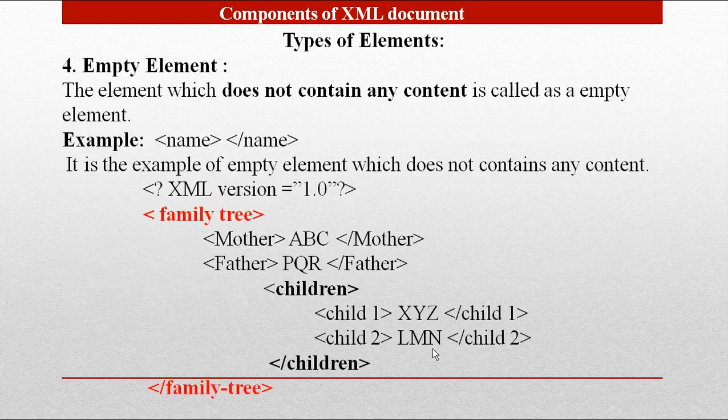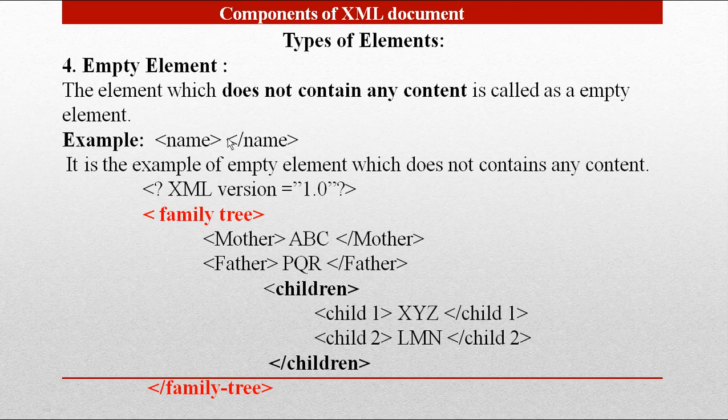And number 4 type of element is the empty element. Elements which do not contain any content are called empty elements. We call it empty because there is nothing inside it.